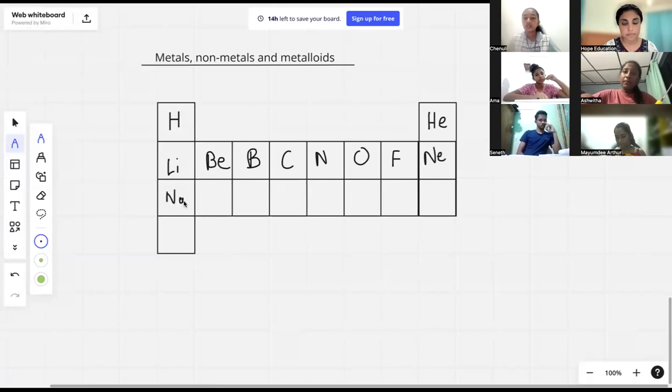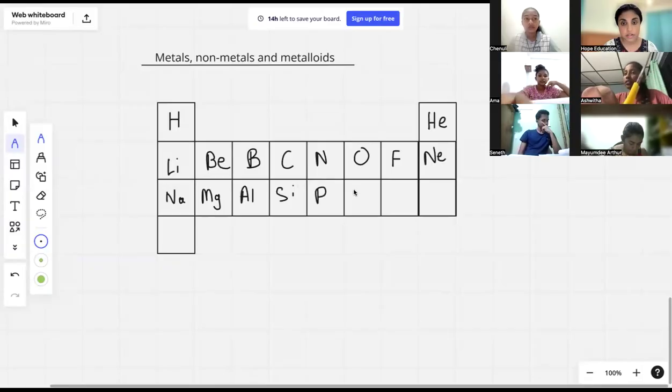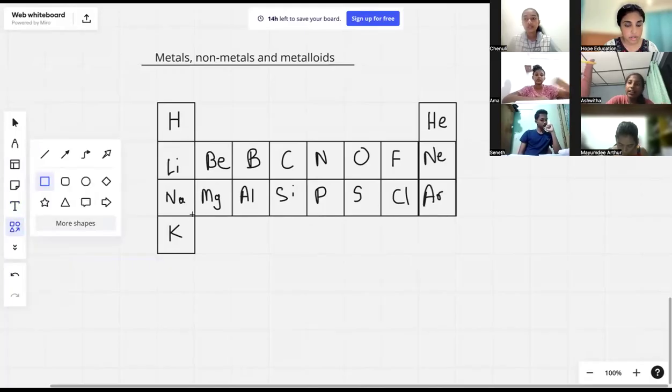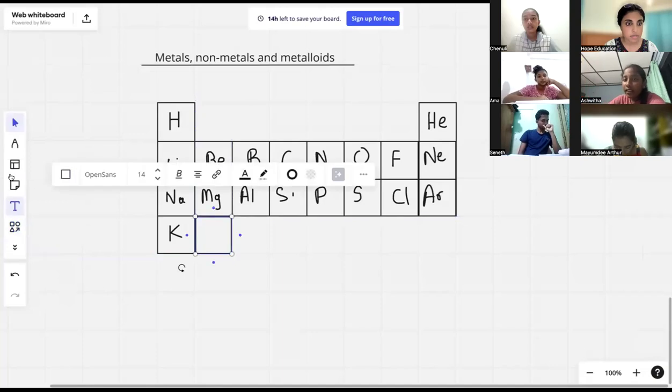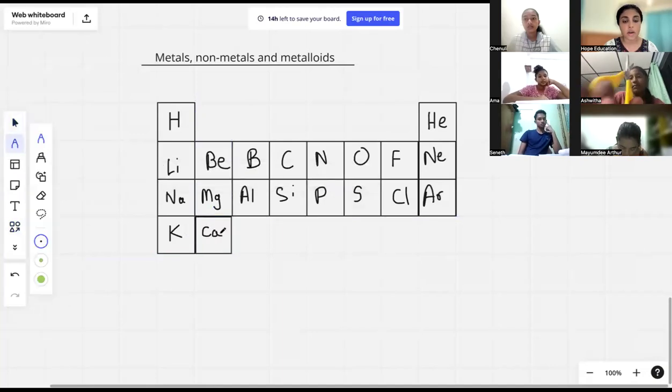Sodium, magnesium, aluminium, silicon, phosphorus, sulfur, chlorine, argon, potassium. A box is missed here, it's calcium, no? Calcium. All right. So this is our periodic table.